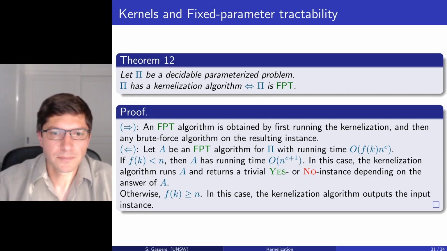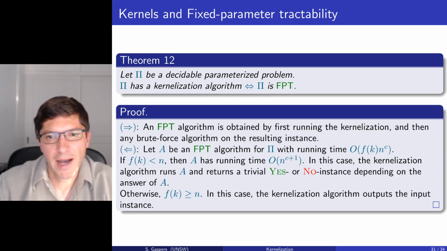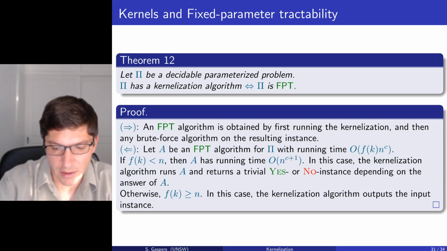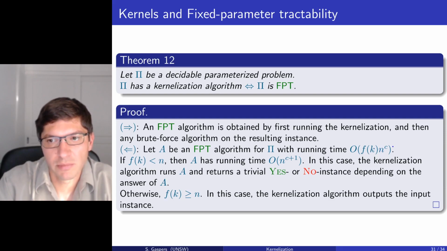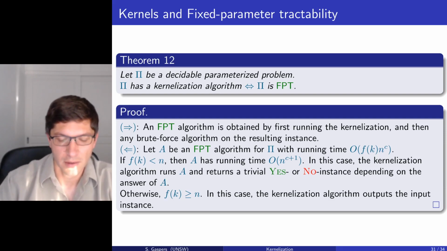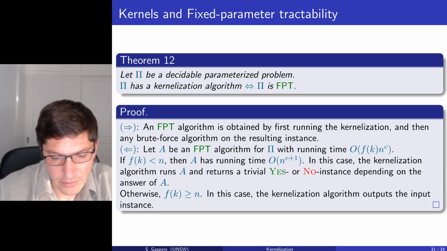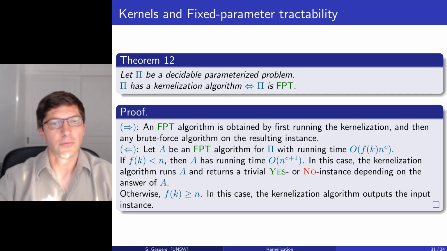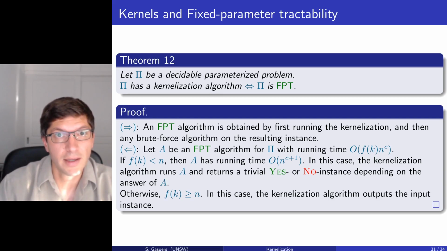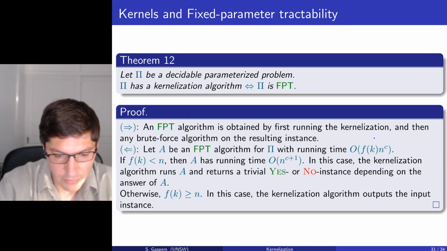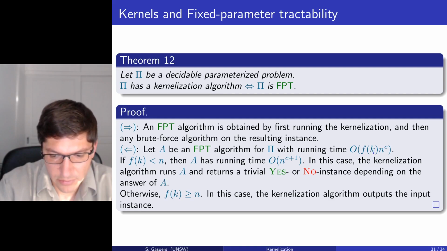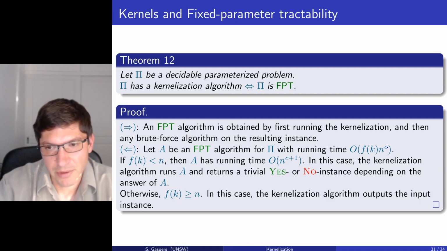The other way around, if we have an FPT algorithm for pi with running time order f of k times n to the power c for some constant c, we do a case analysis. First, assume that f of k is less than n. Then the algorithm A has running time at most n to the power c plus 1.